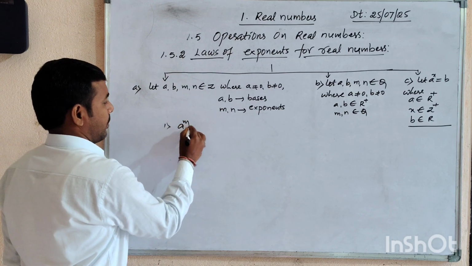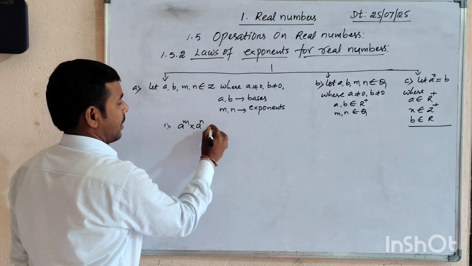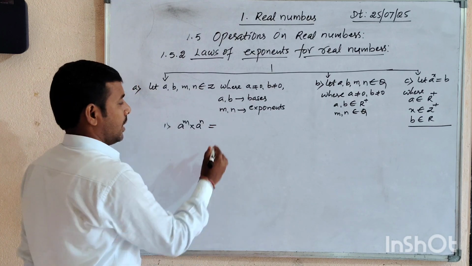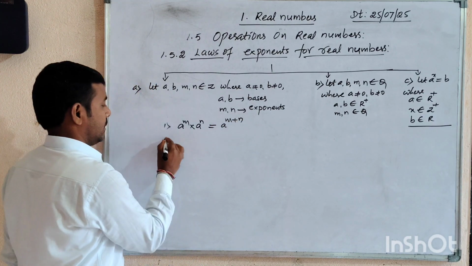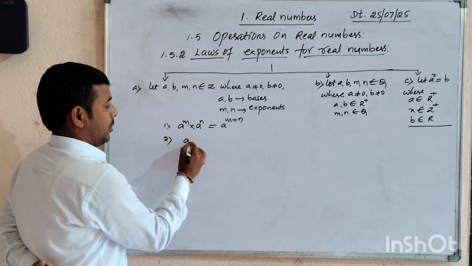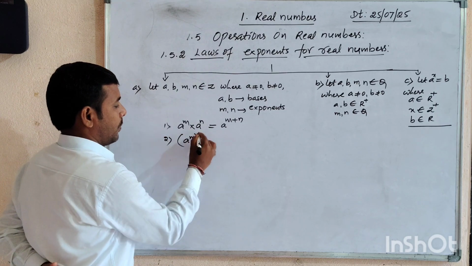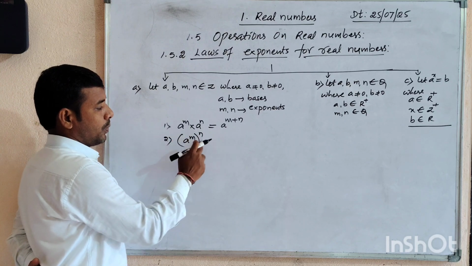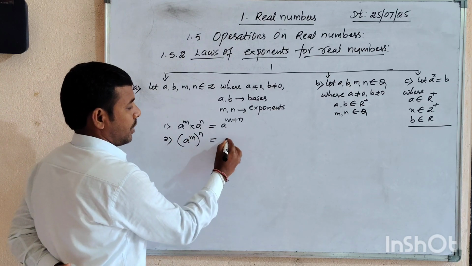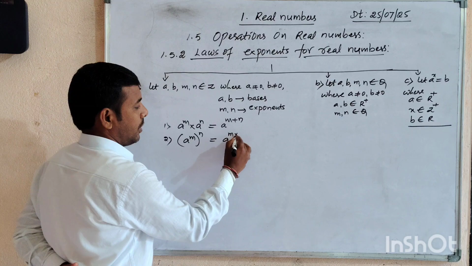a to the power of m into a to the power of n. Formula is a to the power of m plus n. Second, a to the power of m, all to the power of n. Once again, (a^m)^n is equal to a to the power of m into n.